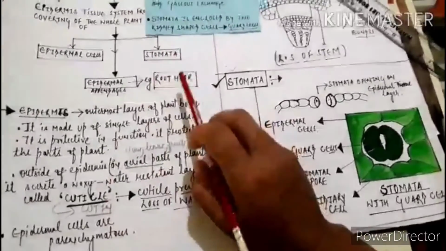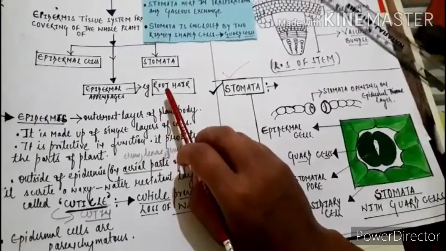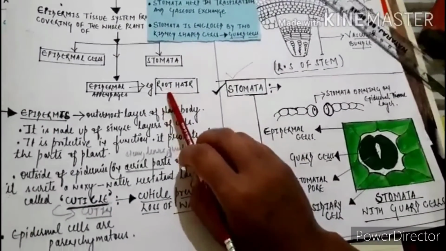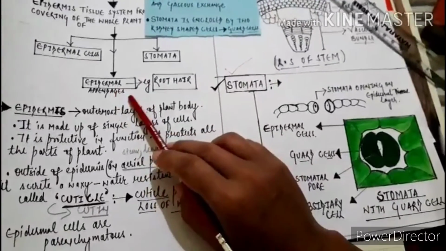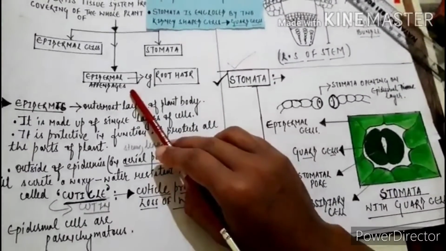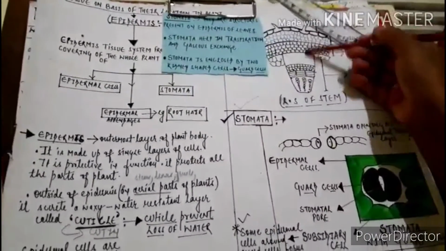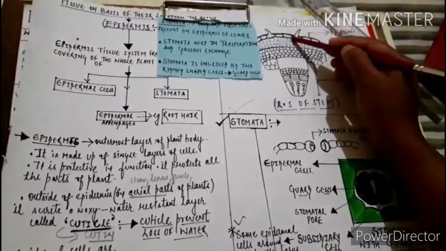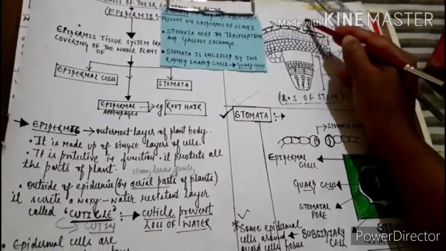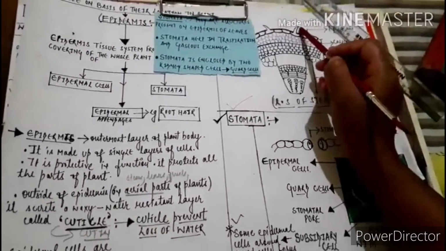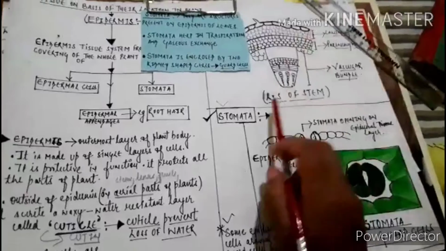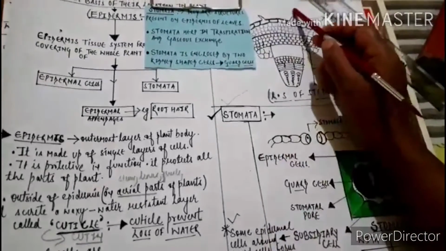But there are some epidermal structures called root hairs, which are present on the epidermis, root hairs like this. When you see the LS of the stem, here also some hair like structures are present, but these are not called root hairs because it is the LS of a stem; these are called trichomes.